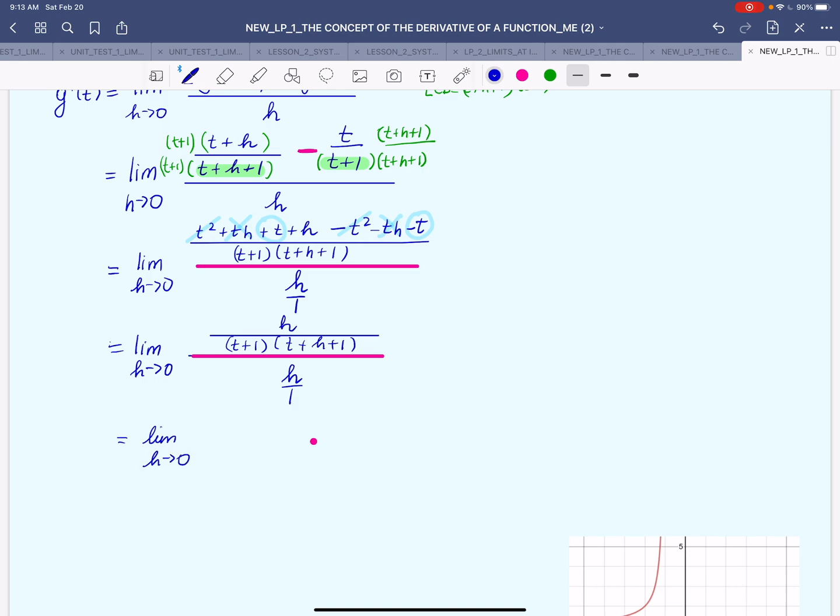So this will turn into h over t plus 1, t plus h plus 1 times 1 over h.